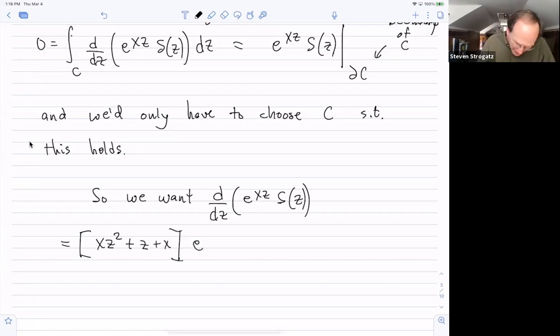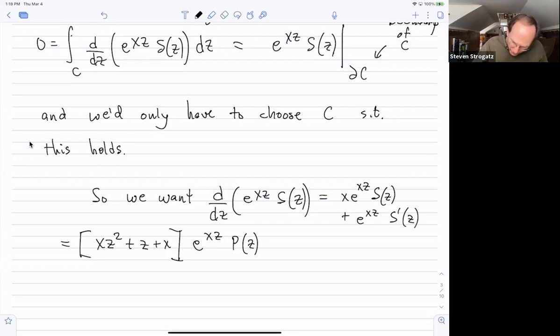There was an e to the xz, and then a P of z. But all of this stuff, if I expand this over here, this would give me what? x e to the xz S of z, and also plus e to the xz S prime of z.